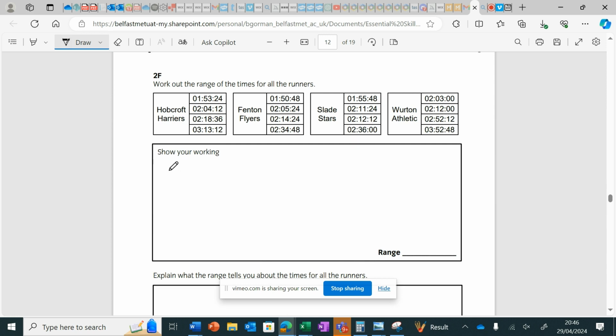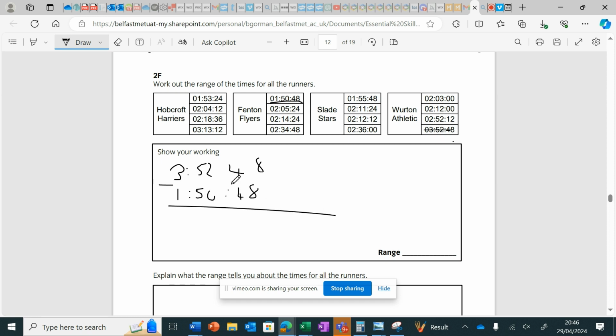Range. So the range is the highest. I think it's 3:52:48. There it is there. Take away the lowest. I think that's the lowest there. Oh, sorry, 1:50:48.